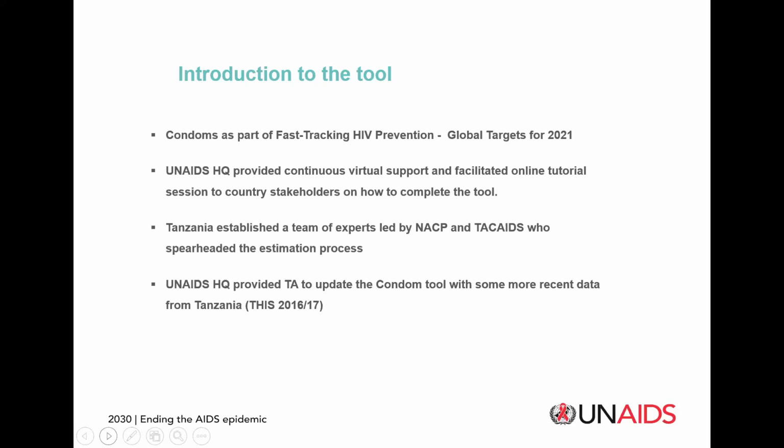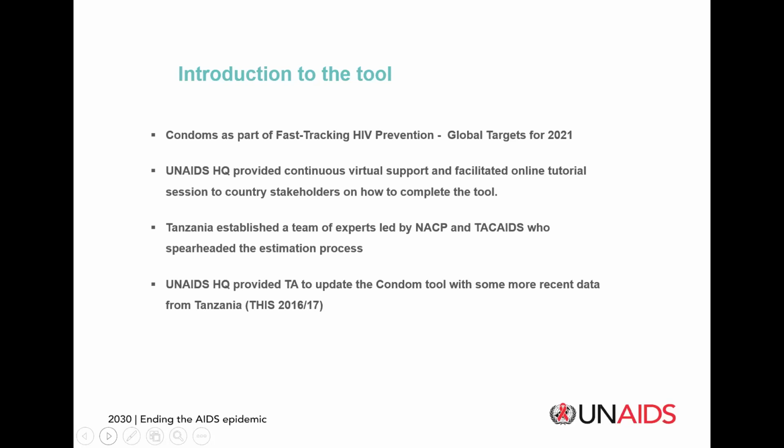This was done through a consultative process where stakeholders were convened and, using various data that were available and some assumptions, we came up with the needs for condom. However, it was obvious that there were some gaps, and the tool came about to address some of those gaps.